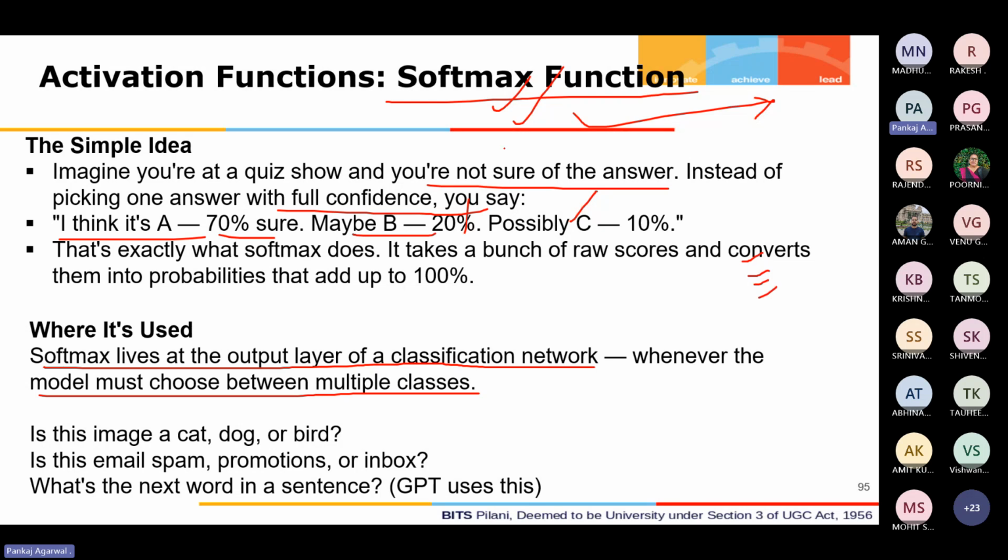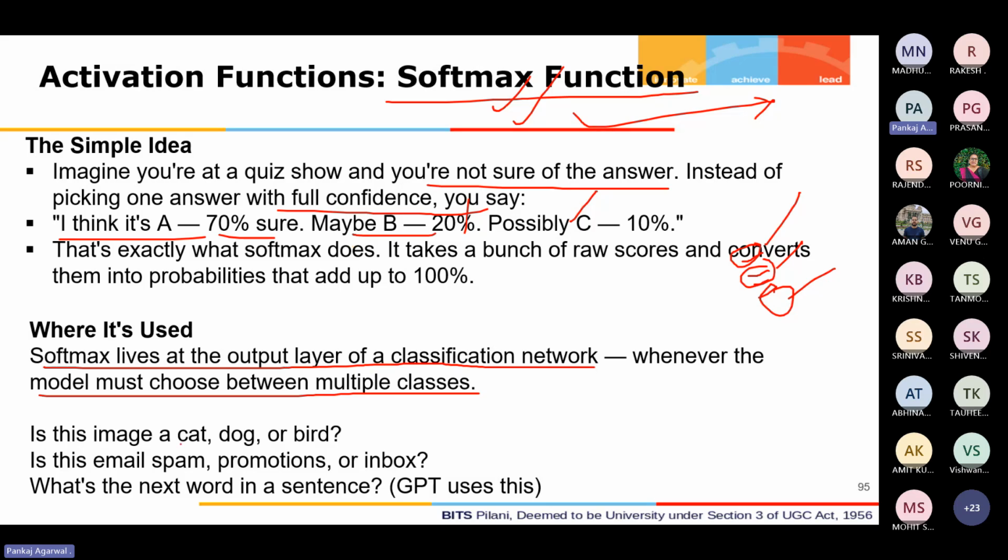How would I understand what class 1 means, what class 2 means, what class 3 means? Everything is in the form of numbers, and whatever my network is doing is always in terms of numbers. So I need something, and that is how the softmax function solves it.